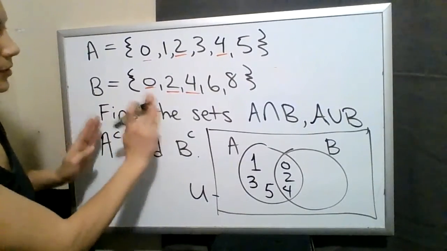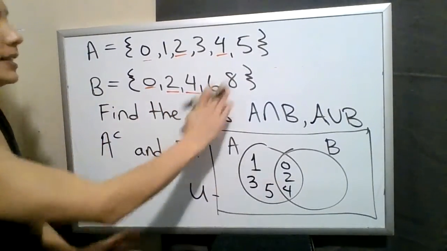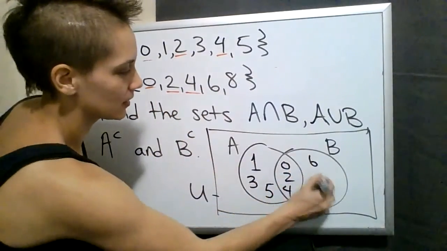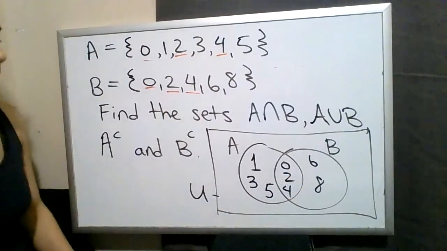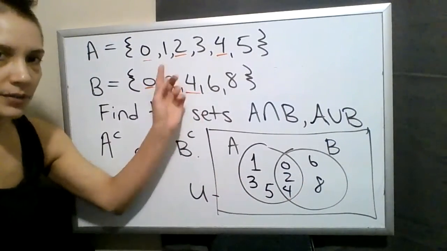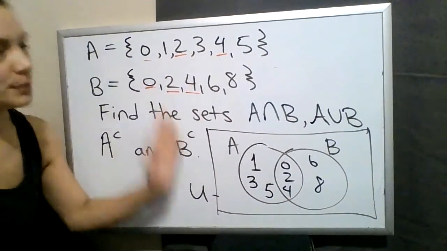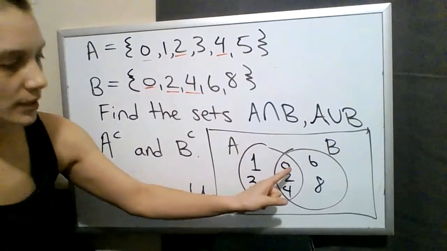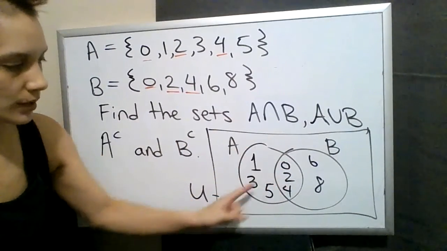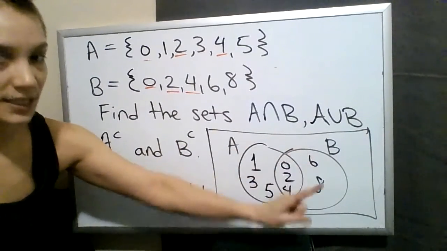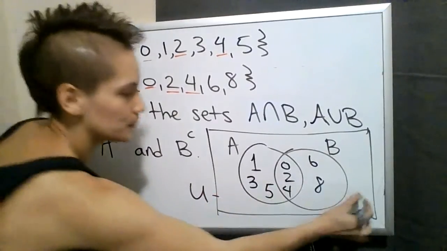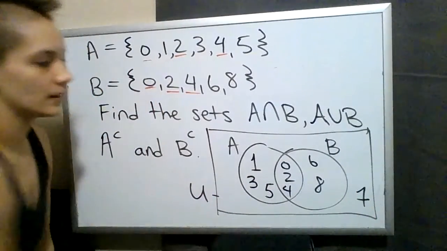B has 0, 2, 4. We've gotten those. 6 and 8 need to go over here. And then check for all of your elements, which we don't have the space, but I know we go from 0 to 1 to 2 to 3 to 4 to 5 to 6. We need 7. And 8.